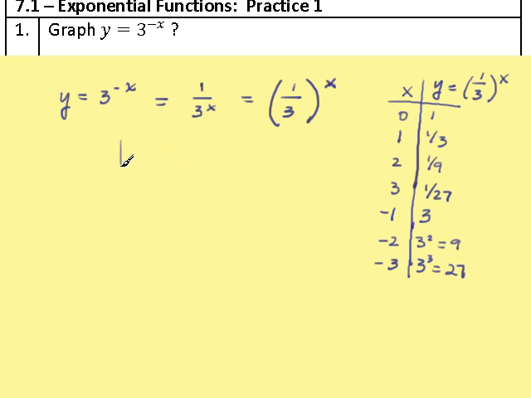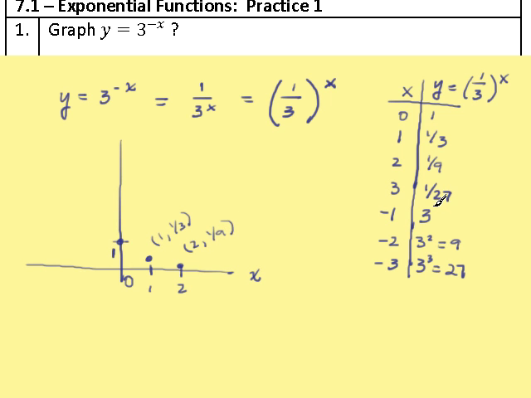Let's try to do a rough sketch now. Let's say this is 1 on the y-axis, 0, 1. And when x is equal to 1, y is 1/3, something like this. This is the point 1 comma 1/3. And we'll just do 1/9, which is very, very close to the x-axis. This is 2 comma 1/9.